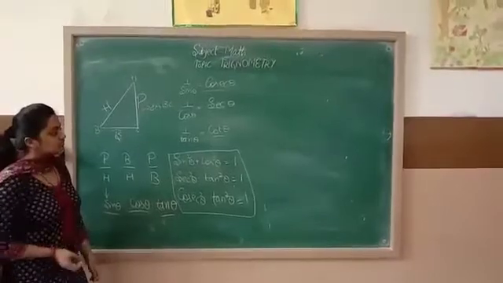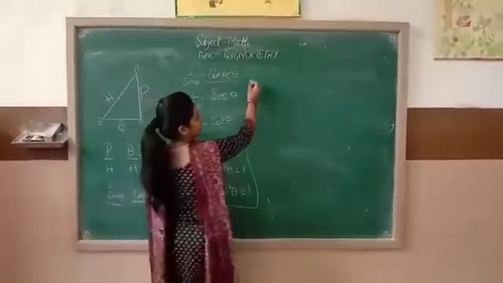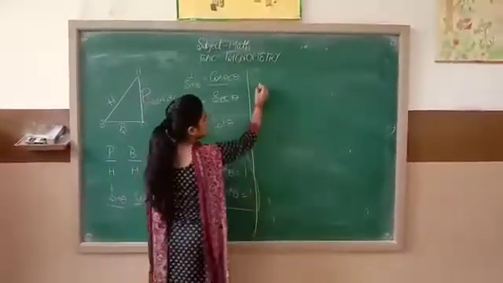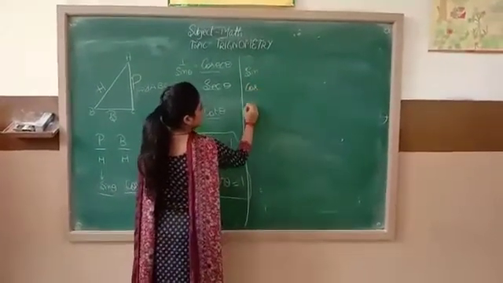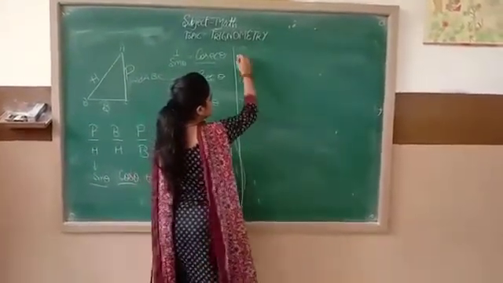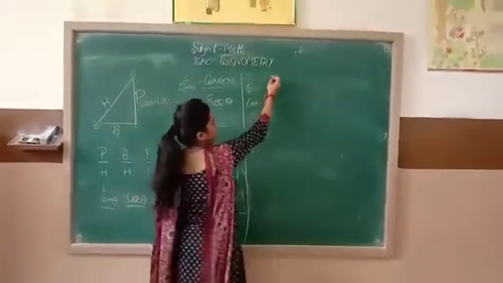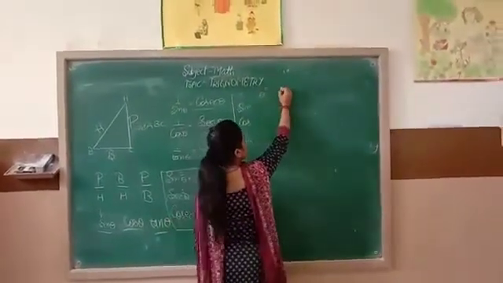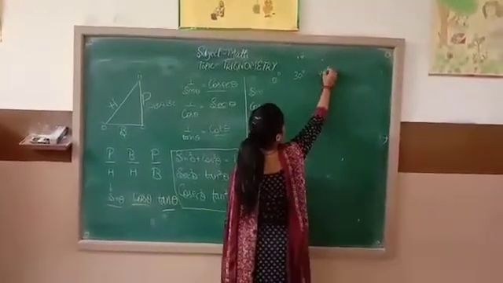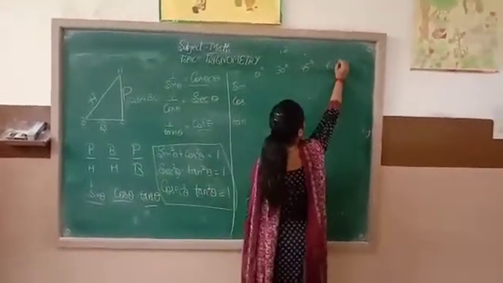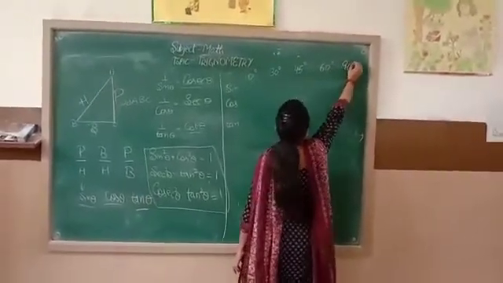Next we move further, we have the different values for sine, cos and tan. Here we have these measurements: 0 degree, then 30, 45, 60 and 90 degree.